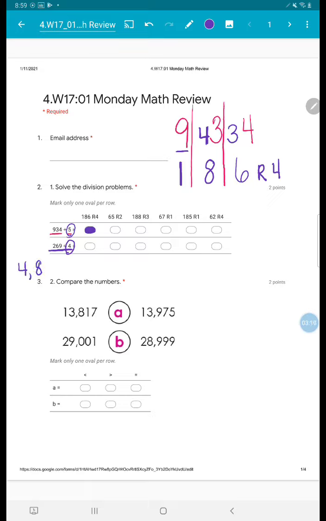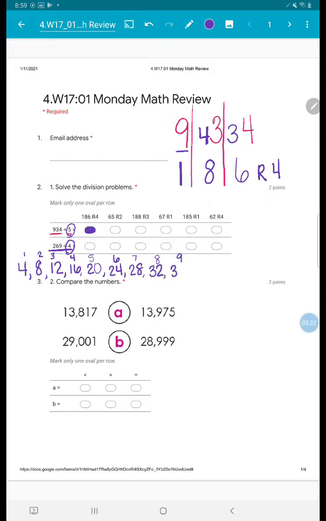4 times 2 is 8, and you could even write what you're multiplying by up above it. 3 times 4 is 12. 4 times 4 is 16. 5 times 4 is 20. 6 times 4 is 24. 7 times 4 is 28. 8 times 4 is 32.